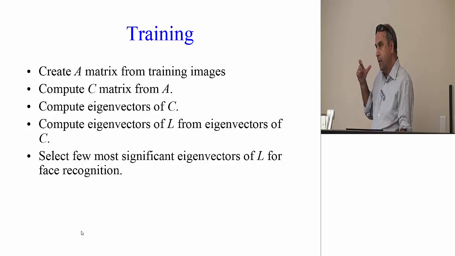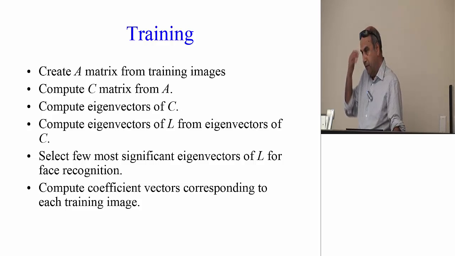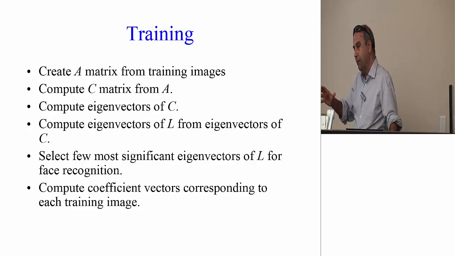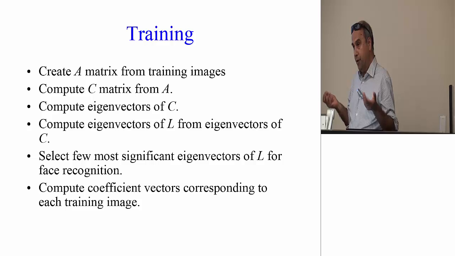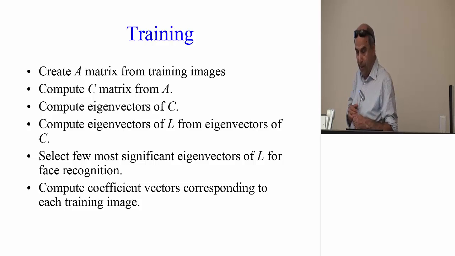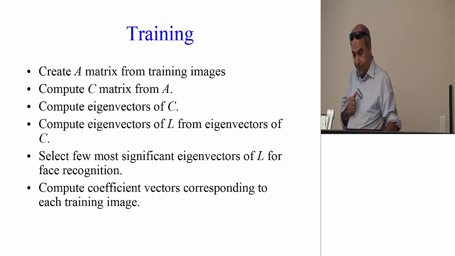If the corresponding eigenvector has a high eigenvalue, that's more important. If it's very low, then it's not important. So we'll select the most significant eigenvectors, and we'll decide we want 5 or 10 or 50 or something. And then once we have the eigenvectors, we can compute coefficients, as we already talked about. And we are going to do the recognition in the coefficient space.